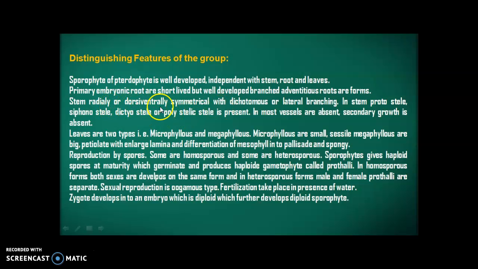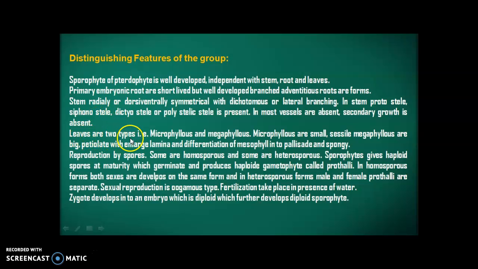Stem is radially or dorsiventrally symmetrical. It may have dichotomous or lateral branches. In stem, protostele, siphonostele, dictyostele or polycyclic stele is present. In most of the pteridophytes xylem vessels are absent and secondary growth is also absent.